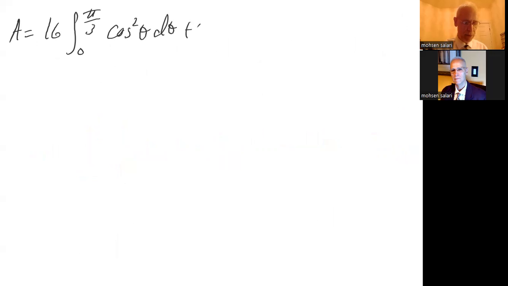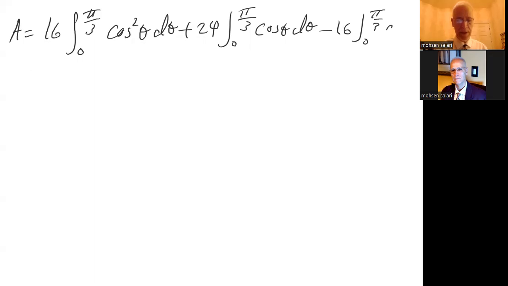I'm going to go ahead and just separate my integrals. So area equals 16 times the integral from 0 to pi over 3 of cosine squared of theta d theta, plus 24 times the integral from 0 to pi over 3 of cosine theta d theta, minus 16 times the integral from 0 to pi over 3 of d theta. You don't have to do this, but I'm just showing all the details. And the only one that I have to use an identity on is this one.